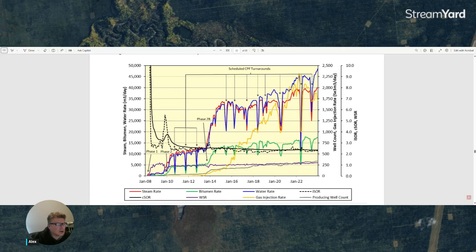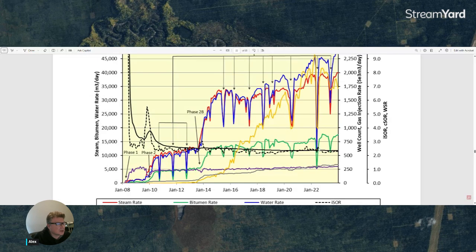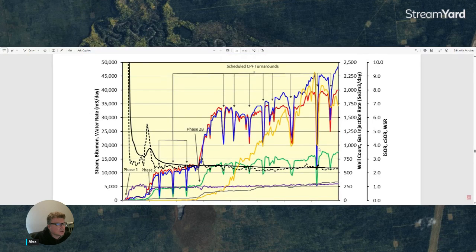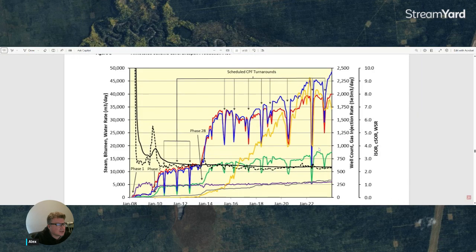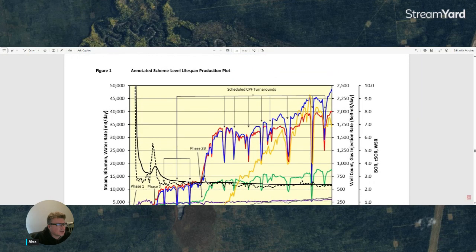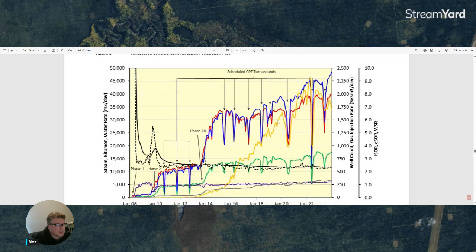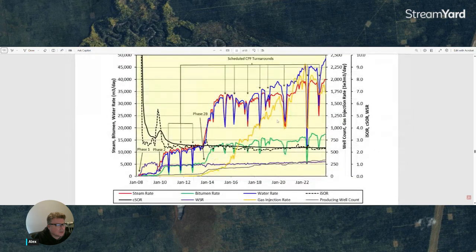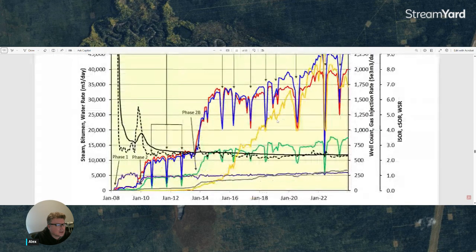Okay, so today we're going to talk about MEG, as you can see in the slides here. In the above slide, I'll zoom in a little bit more so you can see better. We have a lifespan production plot. Typically, in green, you will have oil production rates.